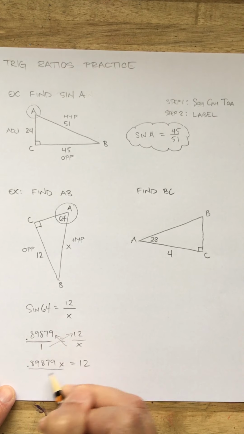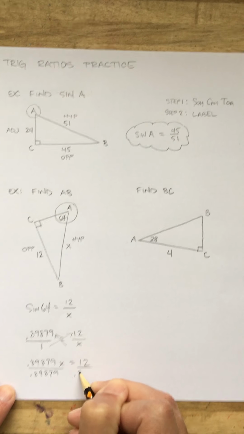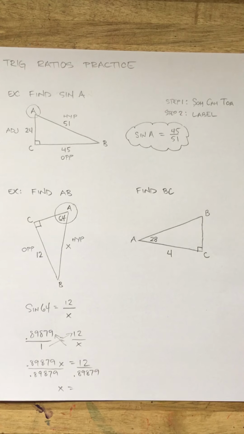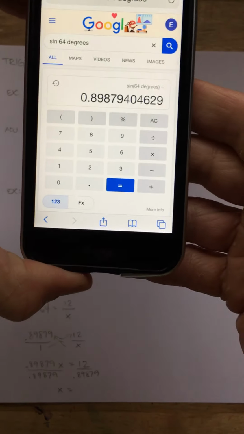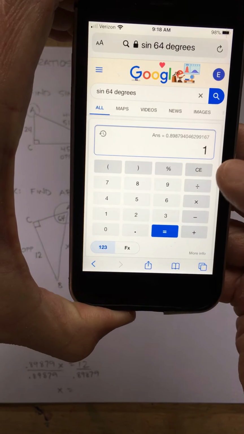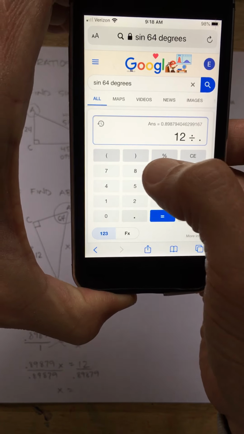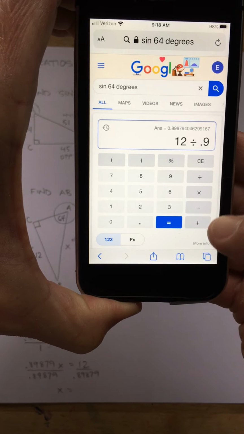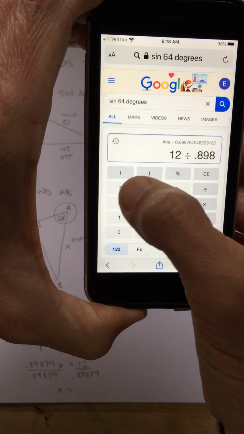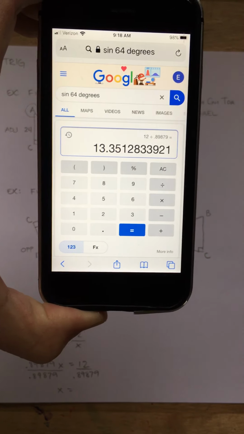Now divide both sides by 0.89879, and we are left with x equals 12 divided by 0.89879 equals 13.35.